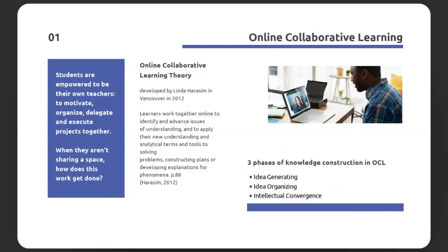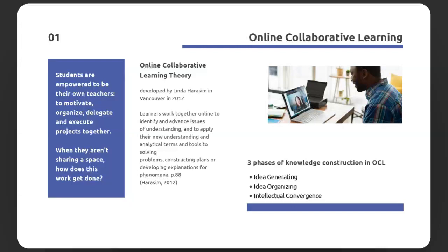Online collaborative learning is a form of constructivist teaching that takes the form of instructor led group learning online. But students are also empowered to be their own teachers, to motivate, organize, delegate, and execute projects together. When they aren't sharing a space, how does this work get done?